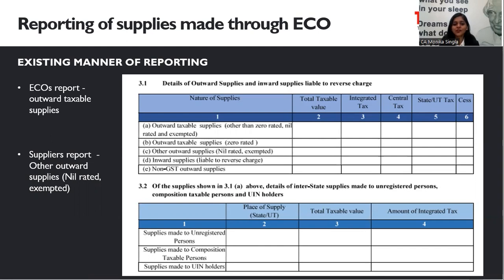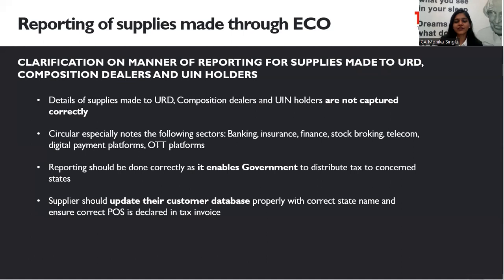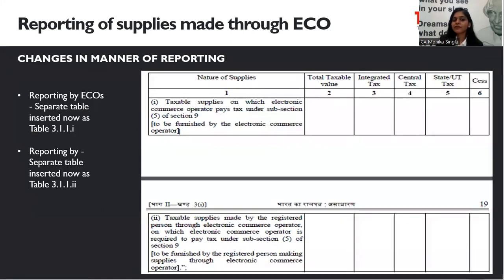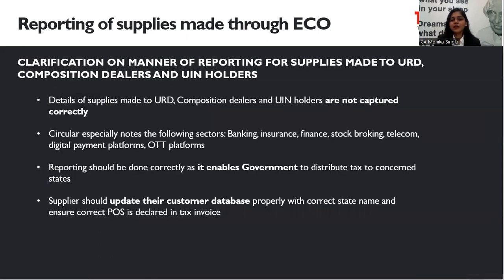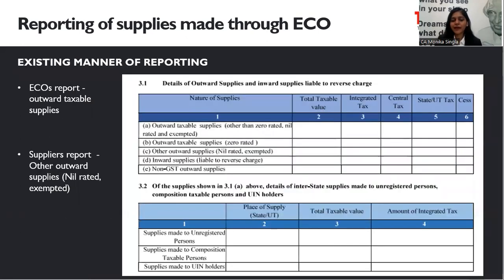But after the insertion of this table, the e-commerce operators would be required to report the supplies on which tax is paid under section 9(5) in the first column of this new table, that is, taxable supply on which electronic commerce operator pays tax under section 9(5). And other supplies such as commission income or any other supply will be reported as it was done earlier.